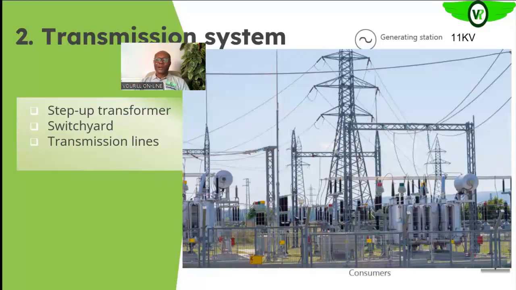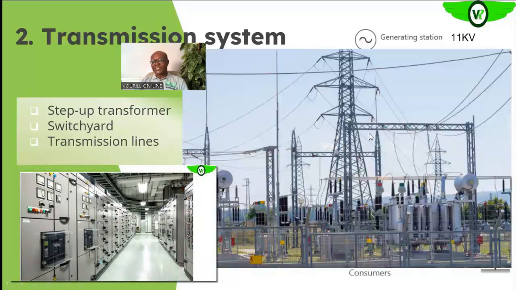Then at the other end of the 132 kV, we also have the switch yards that will receive the 132 kV before it takes it to another step-down transformer that will take it from that 132 kV to 33 kV, okay?